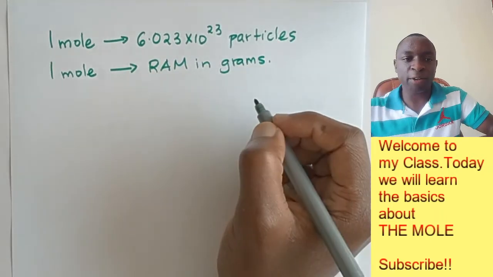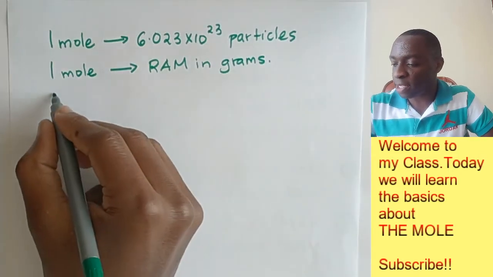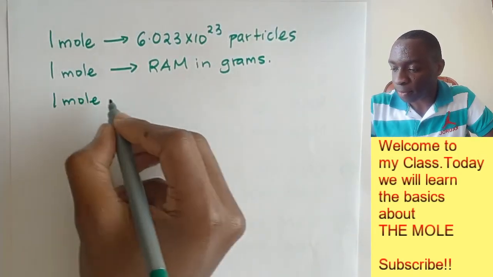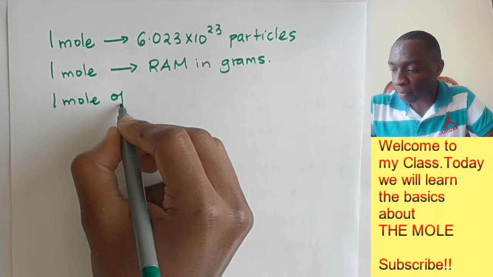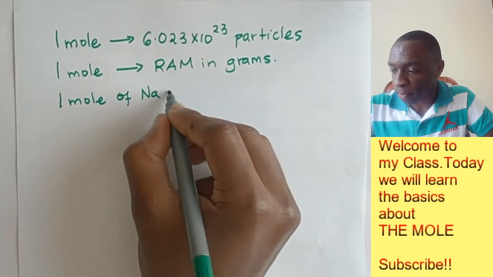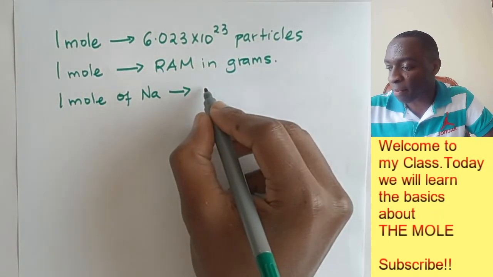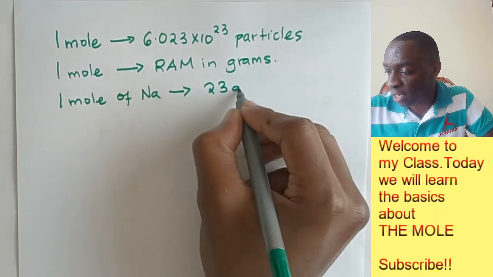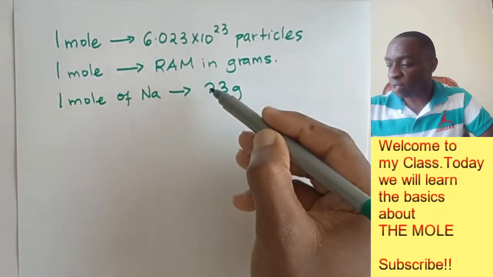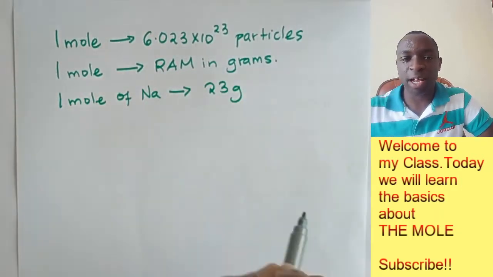Now, let me give you an example. We've just said that 1 mole of sodium has a mass of 23 grams. So this is what it means, the relative atomic mass value in grams.